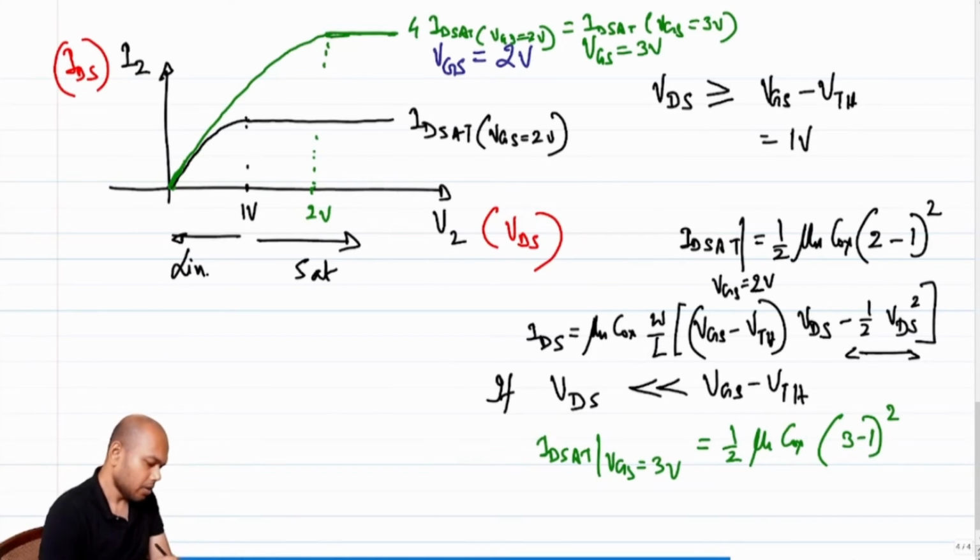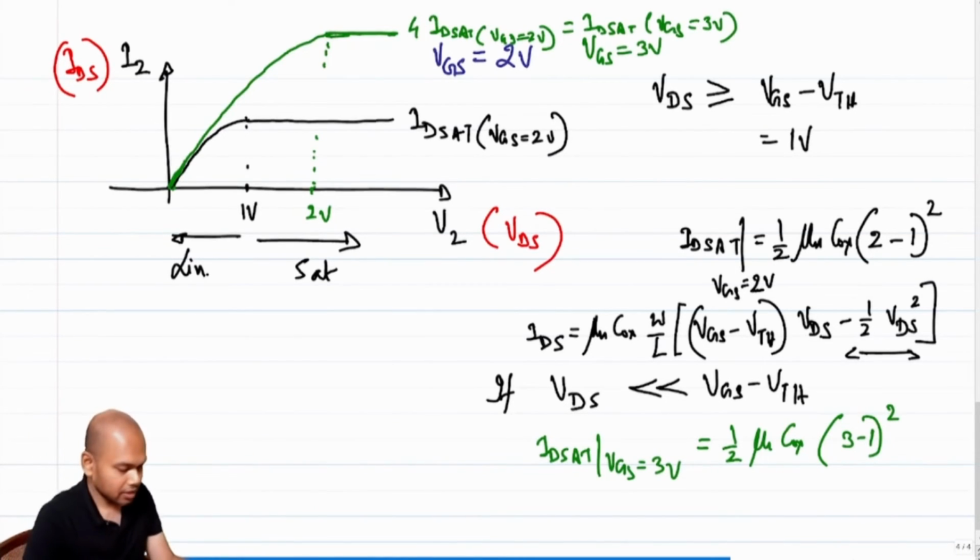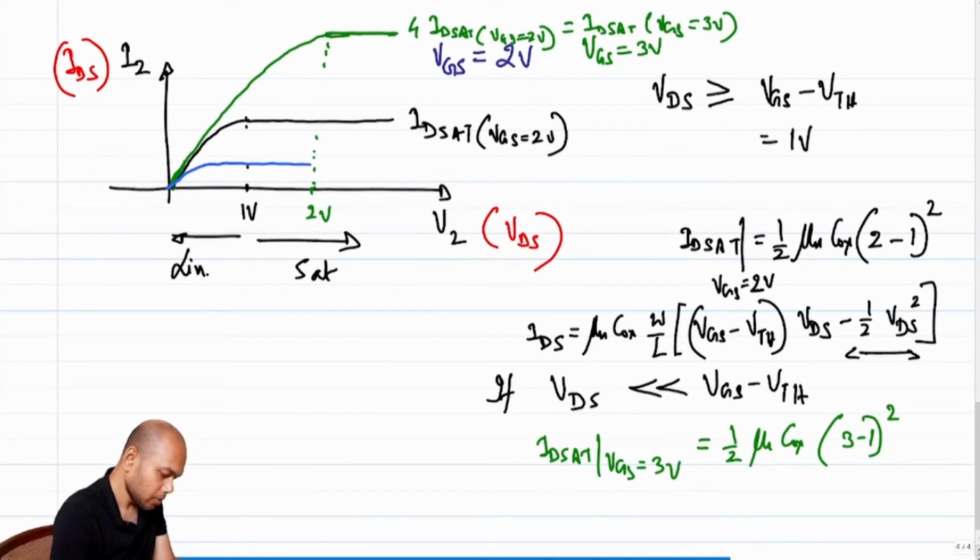Similarly, I can do this exercise for all continuous values of VGS, with VGS as a parameter, and I will get similar plots. I'll get one plot for lower VGS which should look like this. Similarly, I'll get a higher plot.